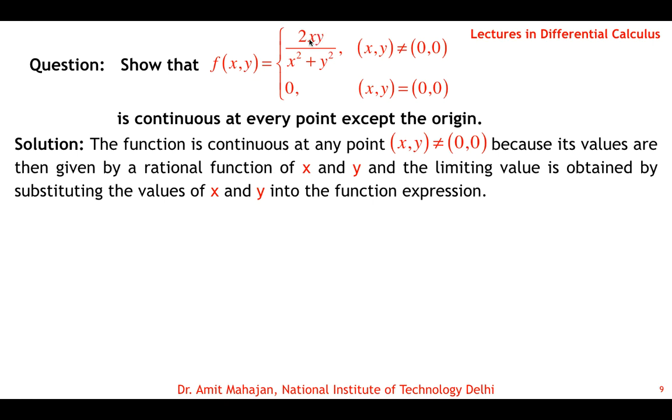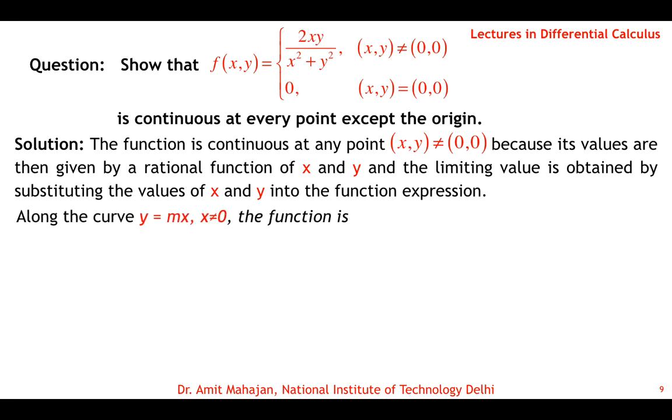Here we can see that there is a path of straight lines along which the function can give different values. If I put y equal to m times x, then you can see your numerator will be x squared and the denominator will have both terms with x squared, so x squared will cancel out and it will be a function of m only.